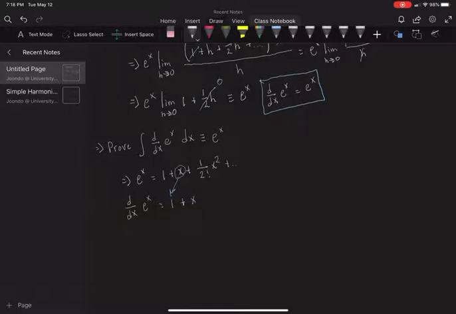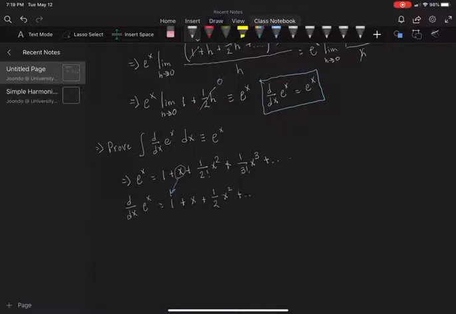If we had a third term, suppose the third term is going to be 1 over 3 factorial x cubed, and etc. 3 factorial is 6, so it's going to be plus 1/2 x squared, and so on.